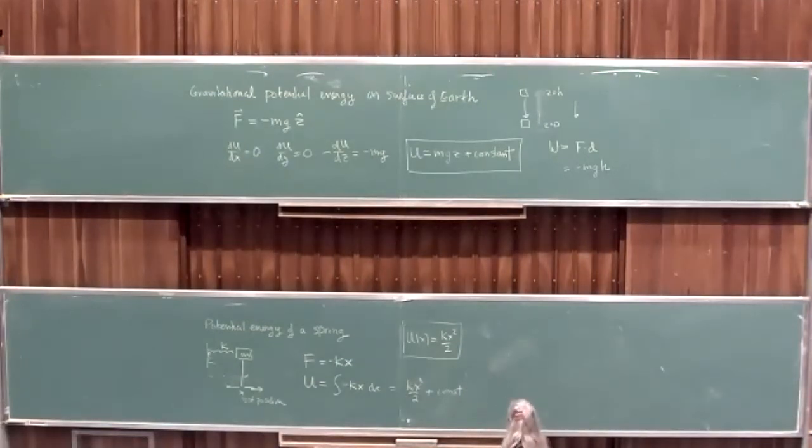Now it's actually kind of nice to write down the total energy for a spring, or harmonic motion. That's the kinetic energy plus the potential energy. And this is conserved, right?